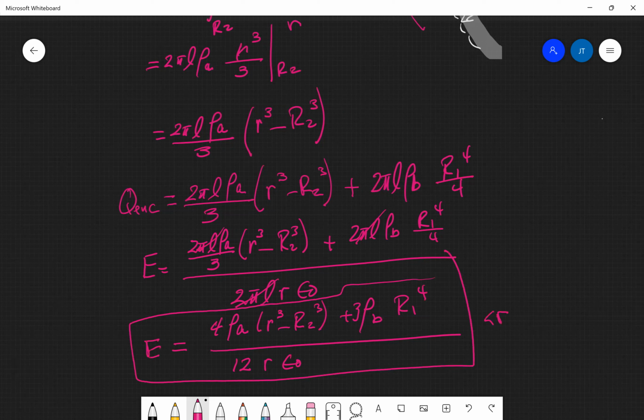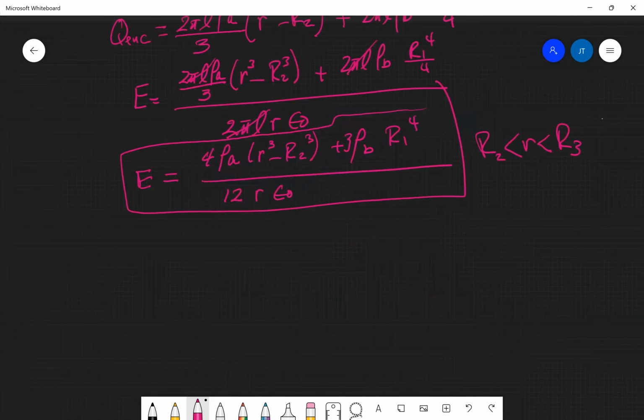For R between R2 and R3. Okay. Last one. Again, my Gaussian surface is out here.